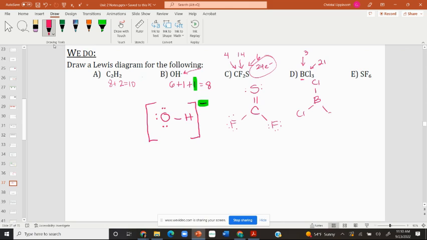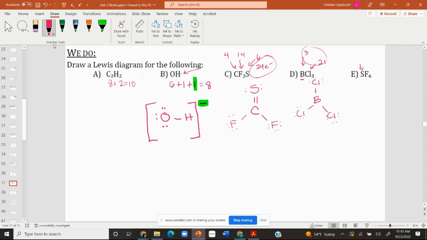So I'm going to do my chlorine around here. Then I'm going to do 2, 4, 6, 8, 10, 12, 14, 16, 18, 20, 22, 24. That's how many I had to spend. I've spent them all. I'm at a 0 budget. We're good.